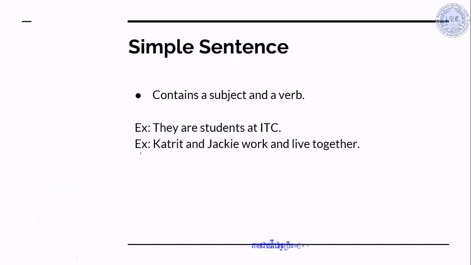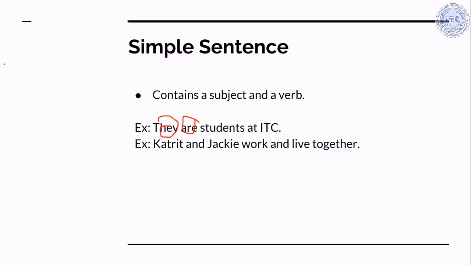So when there is a subject and when there is a verb without coordinator or subordinator, it is called simple sentence. And in a moment you will know what is a coordinator and what is a subordinator, but now we focus on simple sentence first. Again, simple sentence contains a subject and a verb without any coordinator or subordinator.